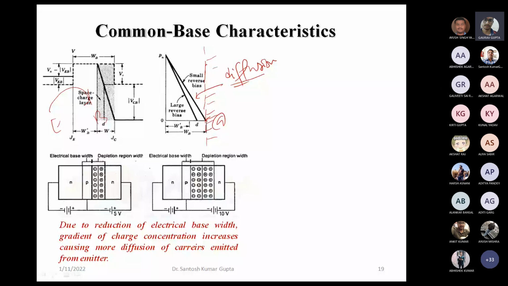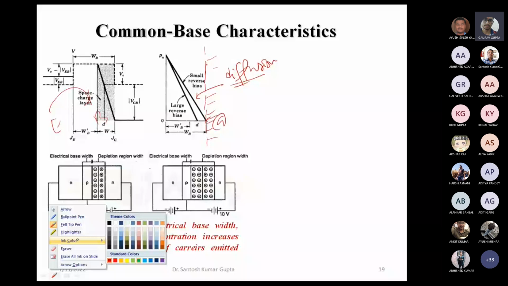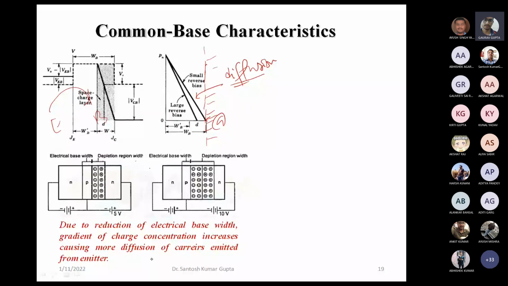If we have a higher VCB, then this depletion region penetrates more inside the base here, and so the effective base width is decreasing, but the depletion region is increased. So we have a higher slope here, as we can see. We have a higher slope for large reverse bias, so the diffusion current increases.